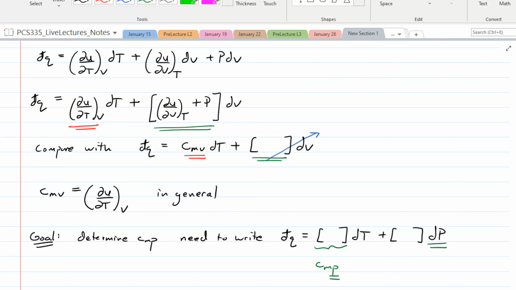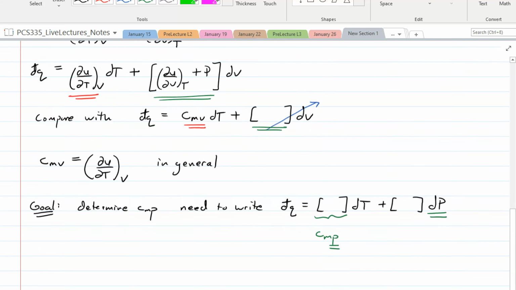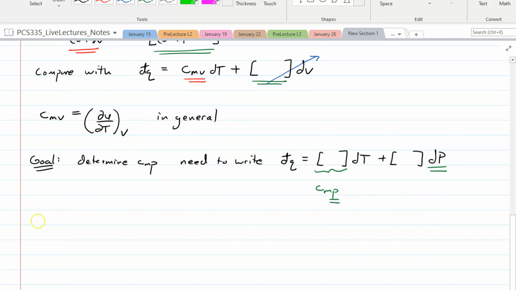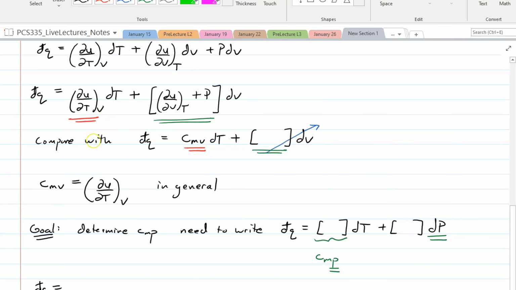Let me start with this equation here. We'll start with this one and try to play with it and get it into the form that we need. So let me rewrite this again. dq equals this partial derivative, du dt at constant v, but that is equal to cmv according to this equation here.